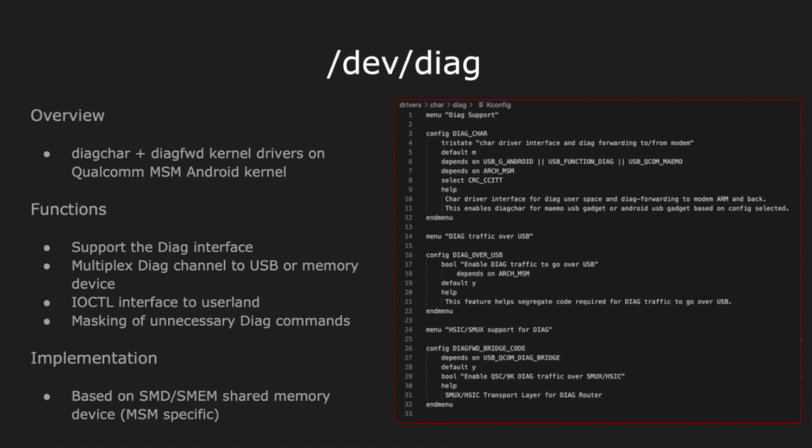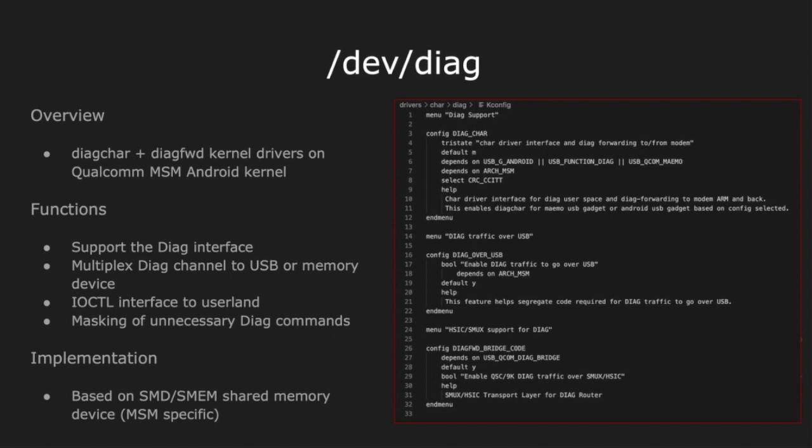It contains some basic minimum of Diag commands that enable configuration of the interface on the baseband side, and then it would be able to multiplex the Diag channel to either USB or memory device. It also contains some IOCTLs for configuration that can be accessed from the Android userland.